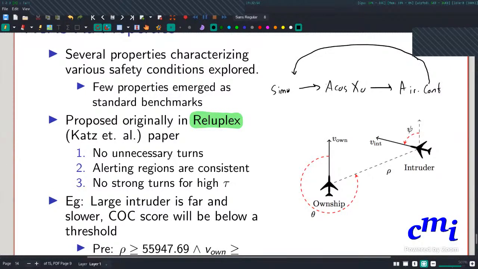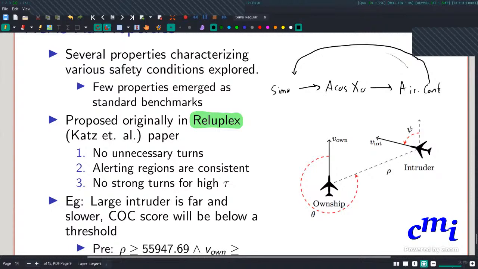This entire closed loop you can consider, and you can consider whether several iterations later a collision will happen or not. Or you can consider the simple local properties, right? You can consider various robustness properties, various invariance properties. So you can try and devise many different properties.